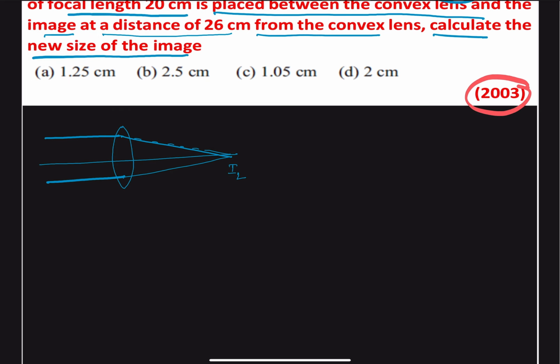And later on, in the second part, we are given that a concave lens is introduced between the image and the convex. So now we have a concave lens which is something like this.